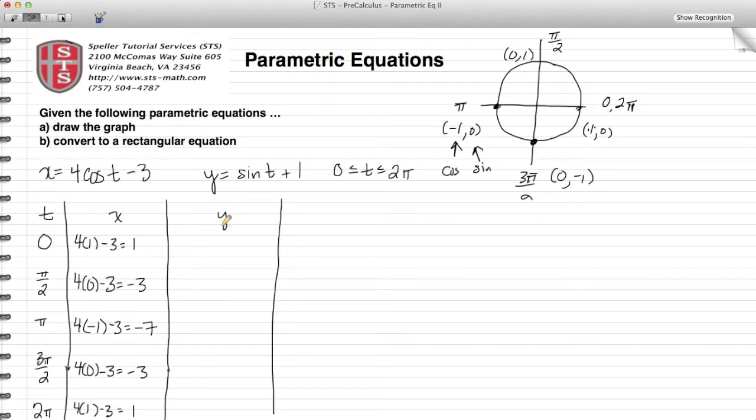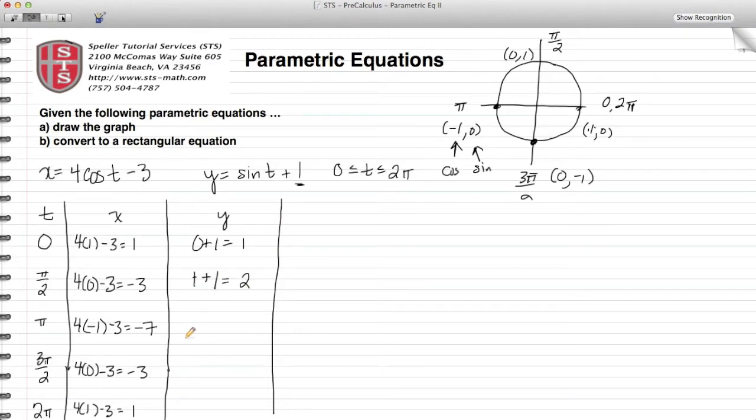Now on to our y values. The sine of 0 is 0. So I have 0 plus 1 to give me 1. The 1 I'm adding there is the 1 here in the equation. Sine of pi over 2 is 1, so 1 plus 1 gives me 2.